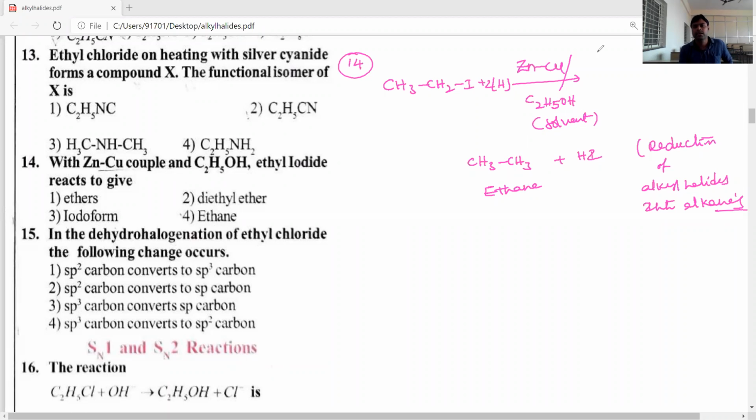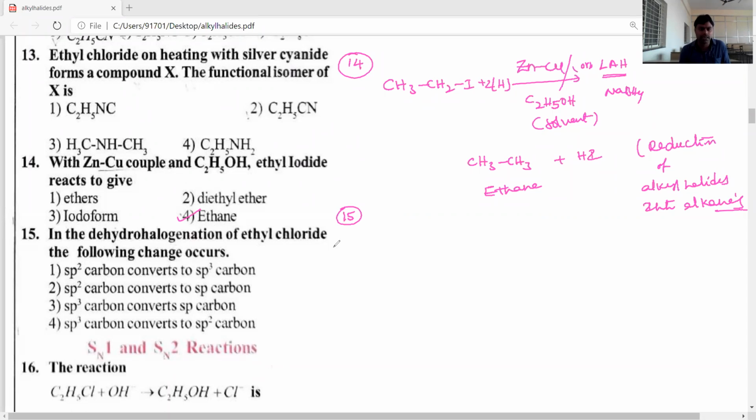In the same way, instead of zinc copper couple, we can use lithium aluminum hydride, LiAlH4, or sodium borohydride, NaBH4, which also acts as a reducing agent. They reduce alkyl iodide into alkanes. Okay. Let's go for the next question, 15th question. So the answer is ethane.